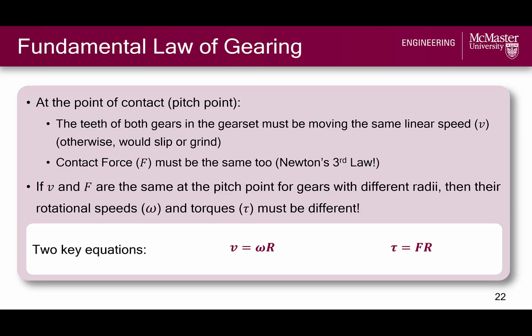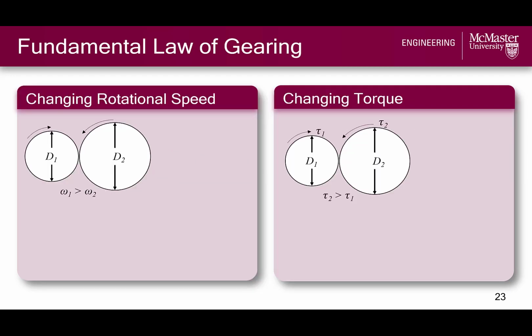So let's go through a quick derivation to see how the ratio of gear sizes affects the ratio of angular velocities and torque. First, let's say we have a gear set where the pinion's diameter is labeled d1 and the gear's diameter is labeled d2. We know that the linear speeds v1 and v2 at the point of contact must be equal according to the fundamental law of gearing, and these linear velocities are equivalent to the product of gear angular velocity and radius.